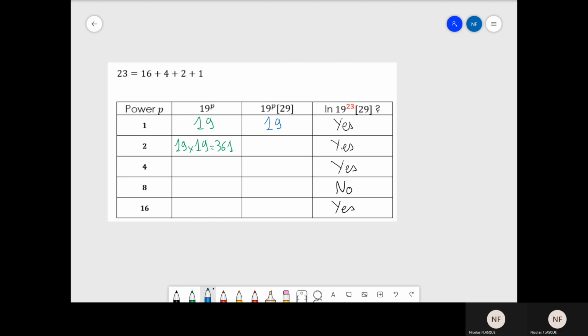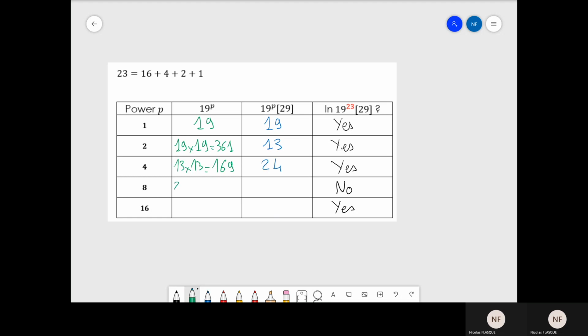Then we can apply modulo 29. The result is 13. So we start from 13, which is 19 squared modulo 29, and compute 19 to the power of 4 with 13 times 13, which is 169, and applying modulo 29, the value is 24.